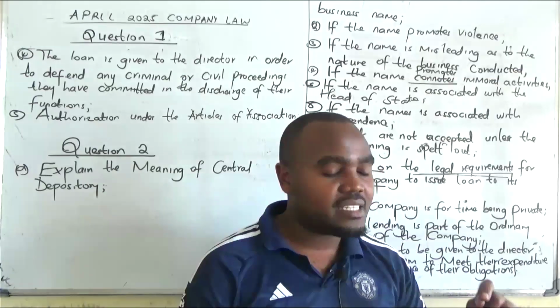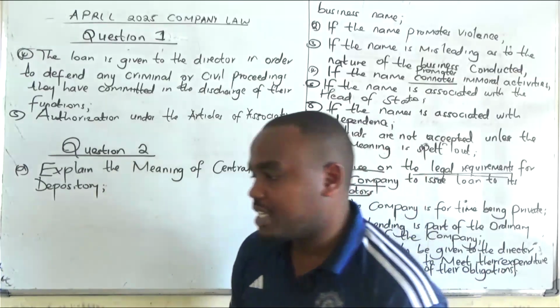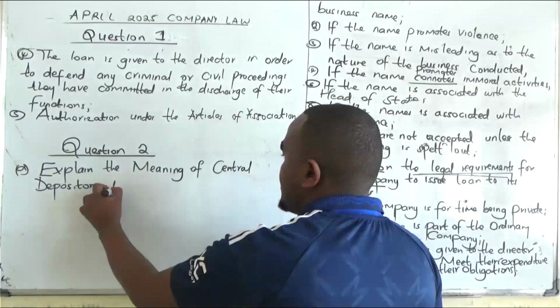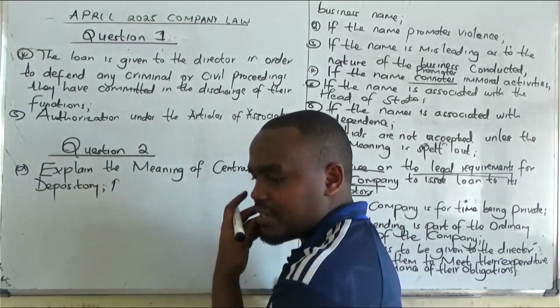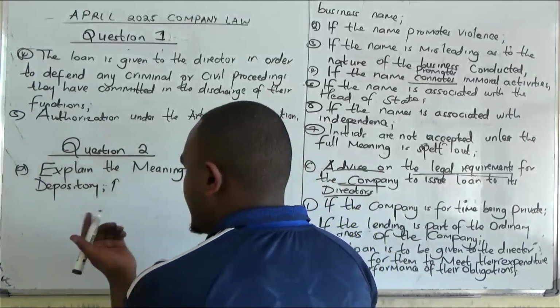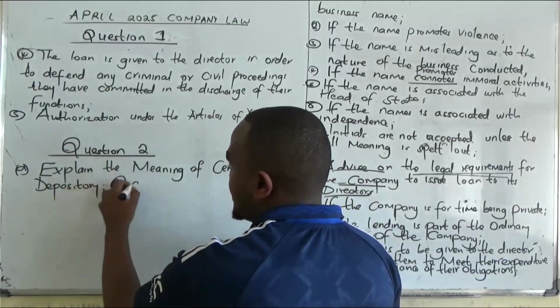So what is the meaning of a central depository? Although this is a question in financial markets, not a company law question, it was in the last sitting, so we need to answer it.